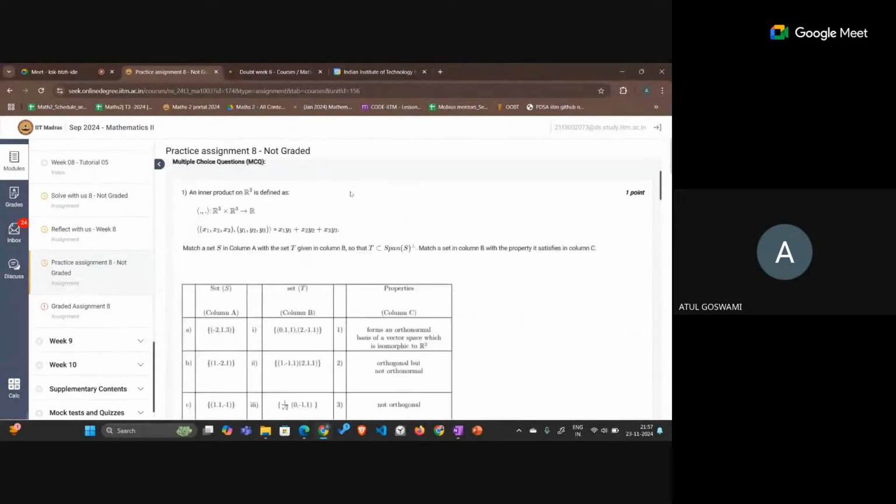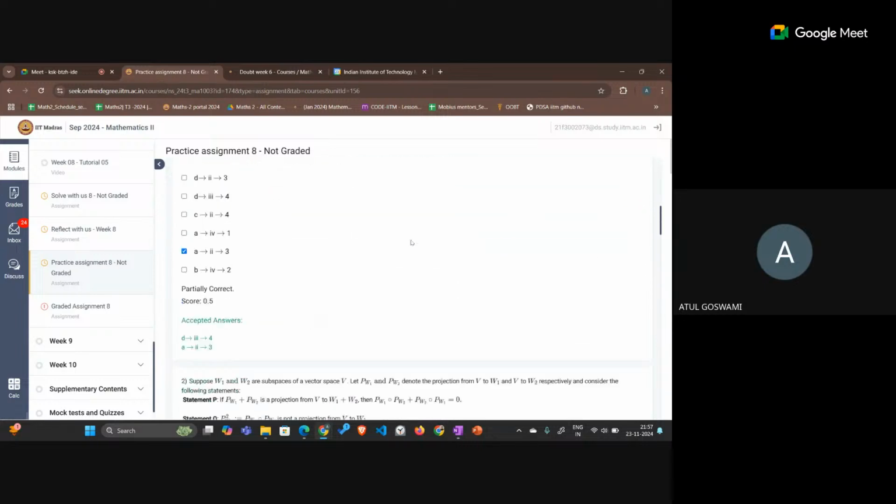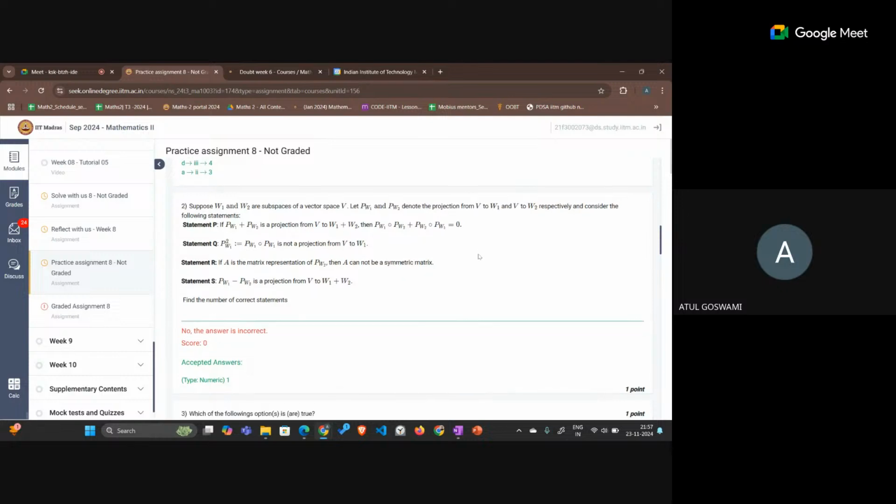If W1 and W2 are two subspaces, then W1 plus W2 is also a subspace. If pw1 is the projection on W1 and pw2 on W2, then the projection on W1 plus W2 would be the sum of these two projections.